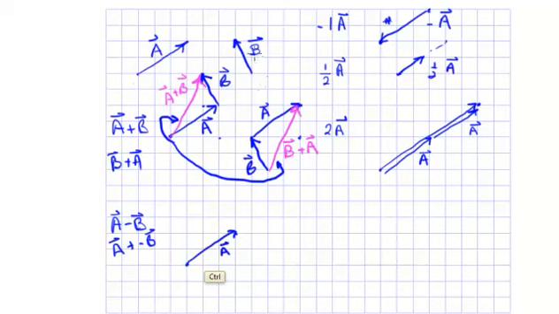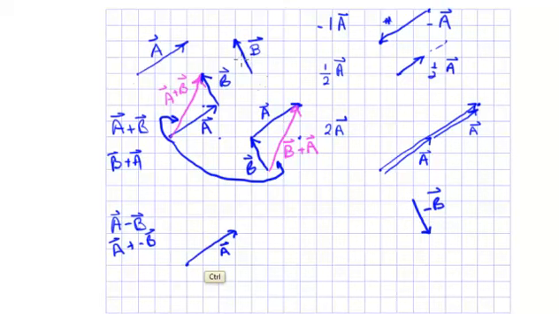Well, minus B is just this vector drawn backwards. So let me do it over here. Here's the B vector. But instead of going from here to here, it's going from here to there. So this is minus B. Do you see the difference? It's the same length, but the direction this is pointing is the opposite from the direction this is pointing.